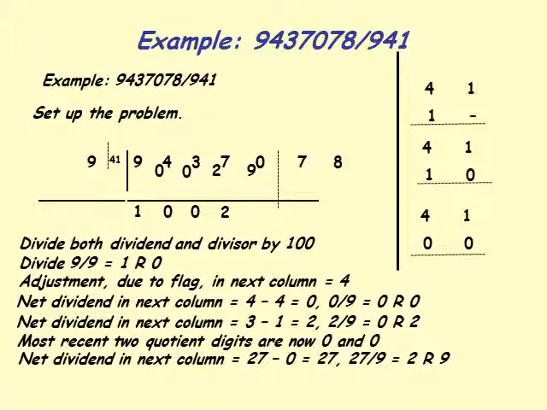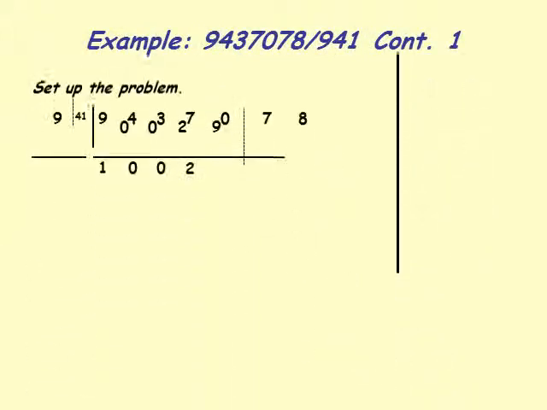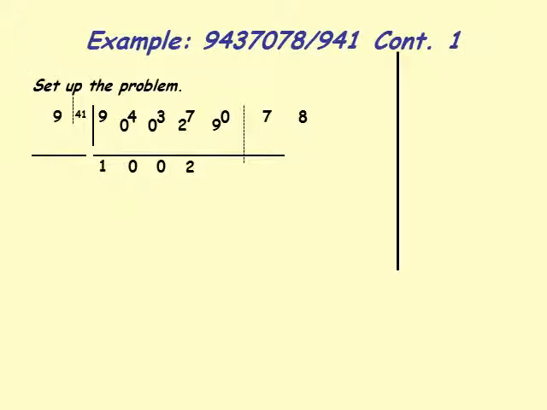Let's continue now. This is what we have so far from the previous slide. Okay, 1002 and remainder 9 here. Let's look at 0, 2 as the most recent quotient digits, and 4, 1 as the flag digits.